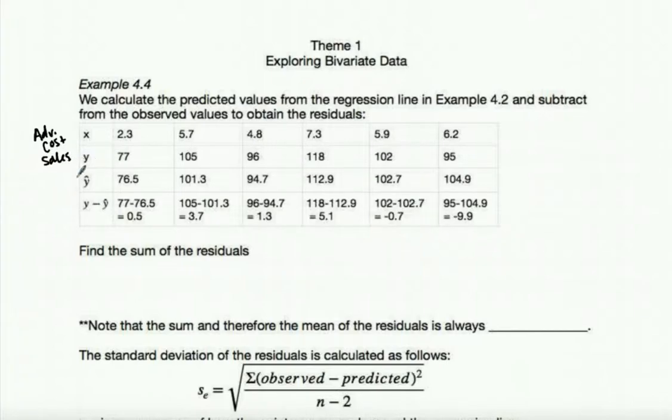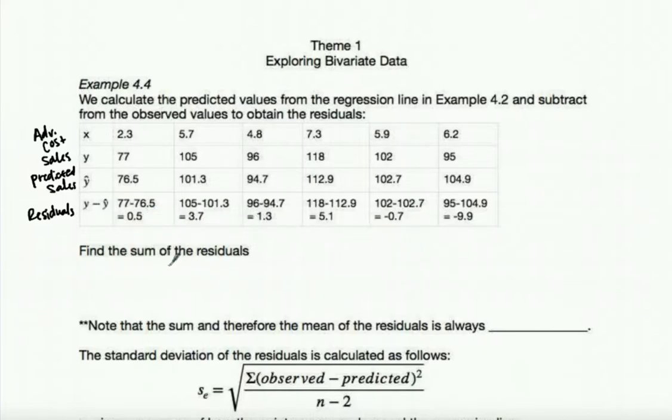Our Y hat, of course, would be our predicted sales. And then our bottom row in our table here would be our residuals. I know it's the residuals because it's our observed Y values minus our predicted Y values. And so you've got those values there.